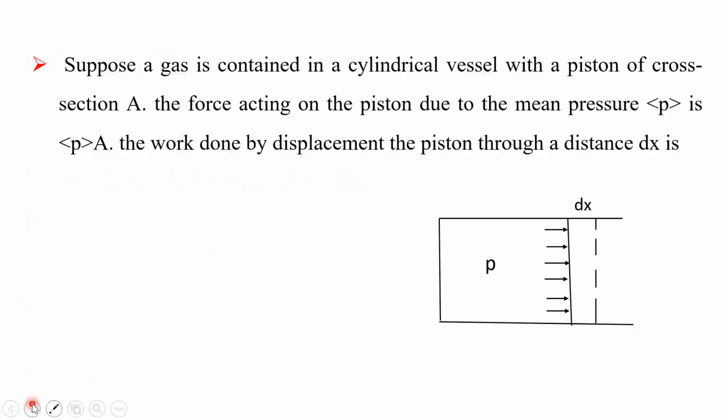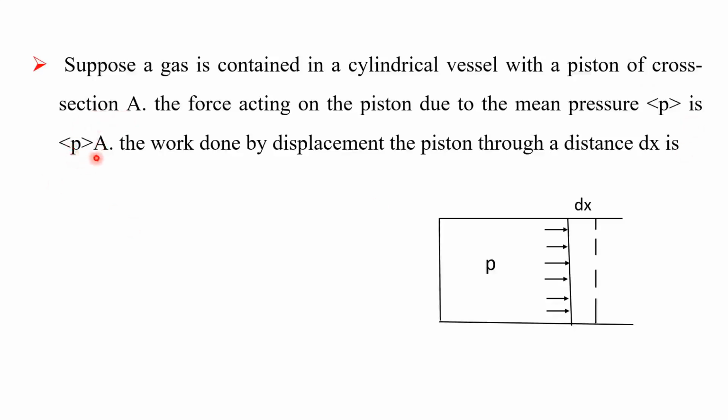Suppose a gas is contained in a cylindrical vessel with a piston of cross section A. The force acting on the piston due to the mean pressure P is P times A, where A is the piston cross section.